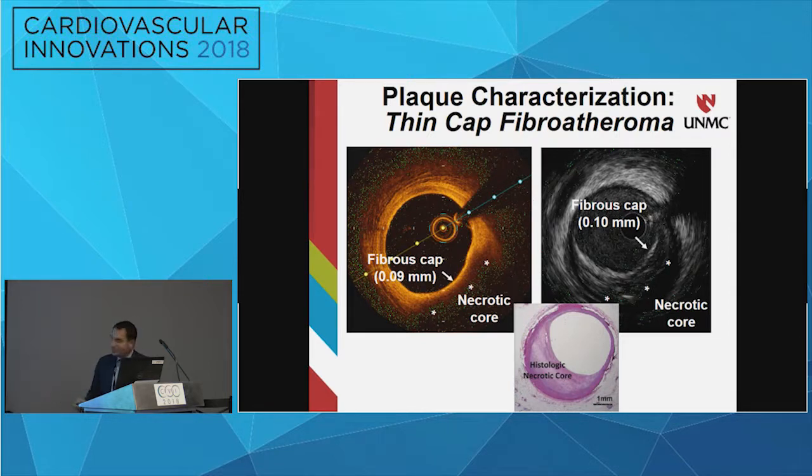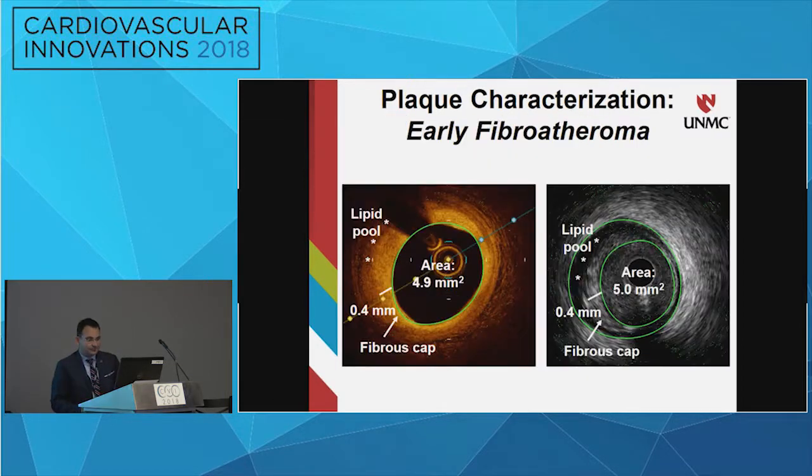I think this is a major breakthrough here, measuring more or less in the same range of 100 or 90 microns. And then you can appreciate the echolucent necrotic core. And this is from another case, but I provided it here just to show you how with this high resolution OCT and IVUS imaging we can come close to the pathology.